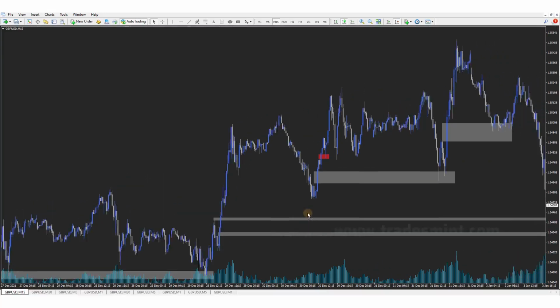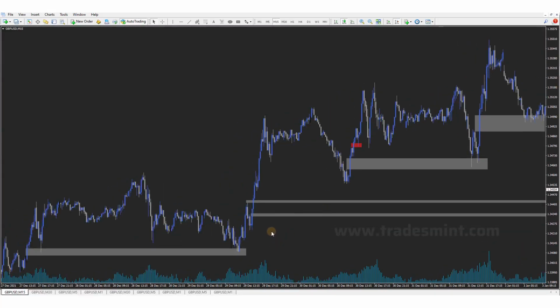Let's take another example. Here was the pullback, and price made a definitely big, fresh higher high. So when this candle was breaking this previous lower high, it could also be drawn in the lower time frame as a supply.